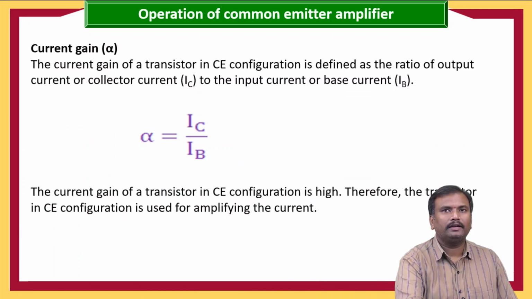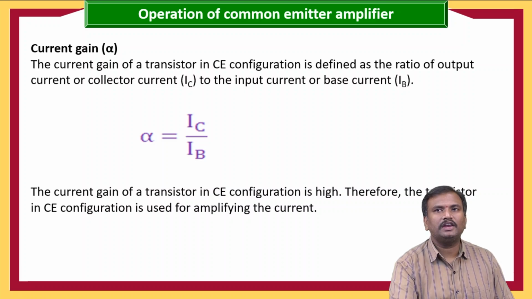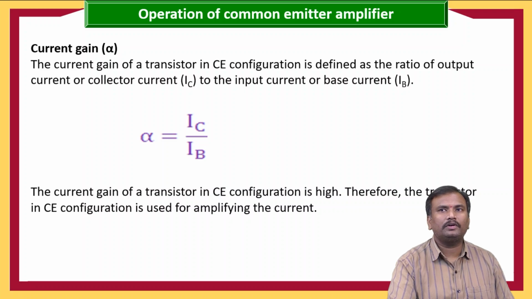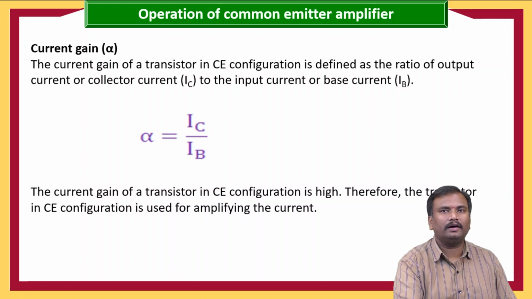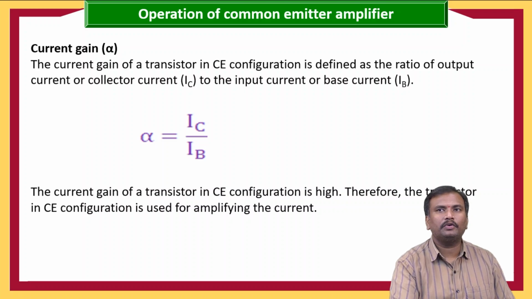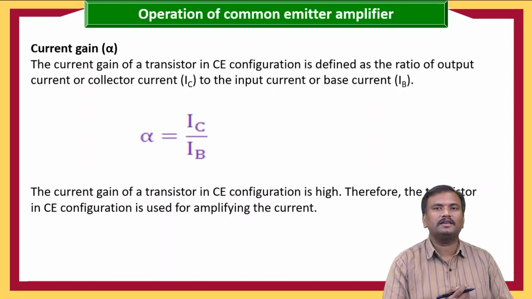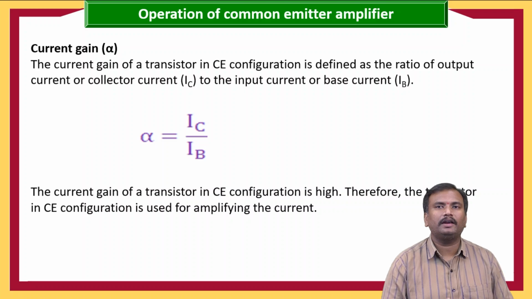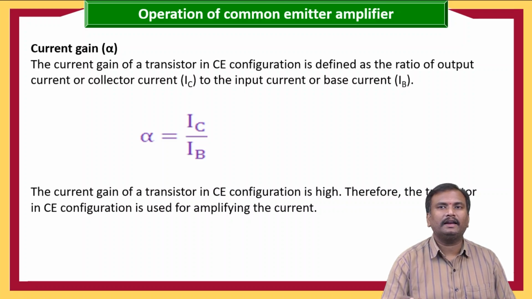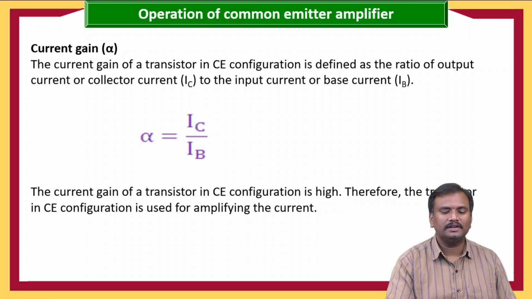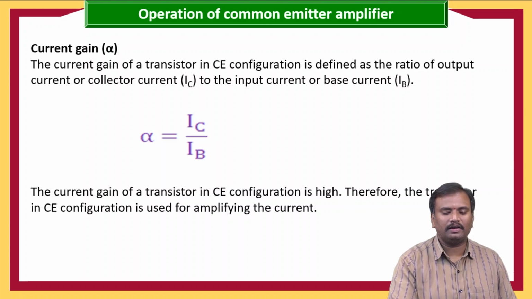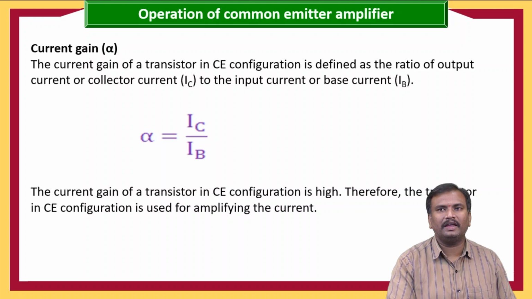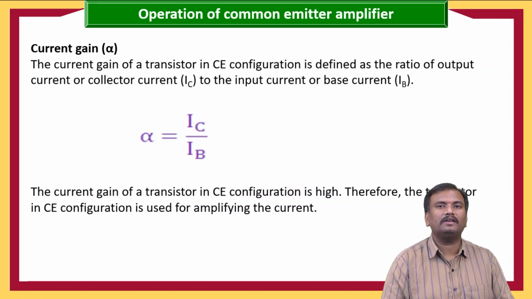And current gain. The current gain of CE configuration is defined as the ratio of output current or collector current to the input current or base current. Current gain is nothing but output current by input current. Here the output current is collector current and the input current is the base current. The current gain of the transistor is very high under the CE configuration because the base current value is very less, in microamperes.